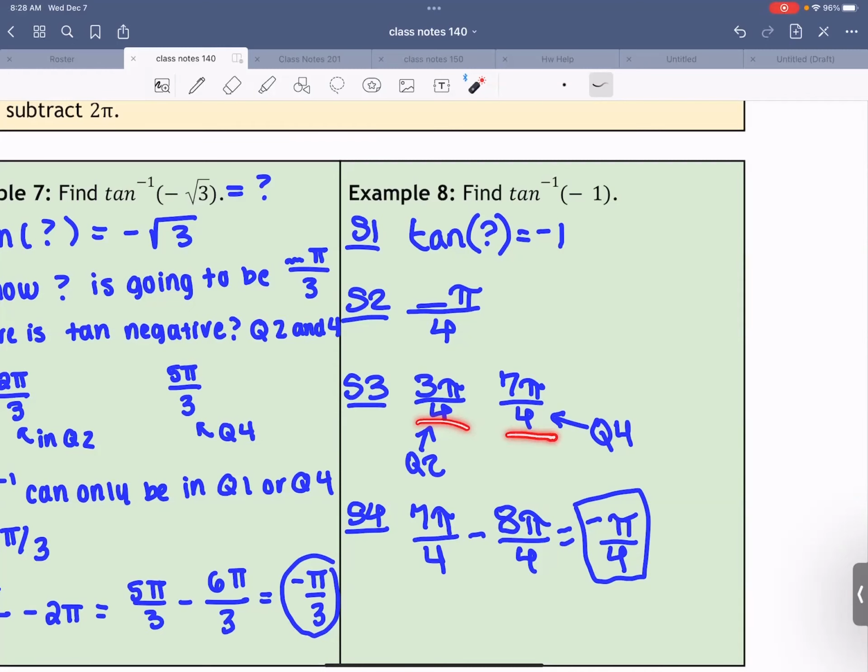And 7 pi over 4 is the only one because it's also in quadrant 4. And then I subtracted 2 pi from 7 pi over 4, which gives negative pi over 4. Perfect. Any questions on example number 8?